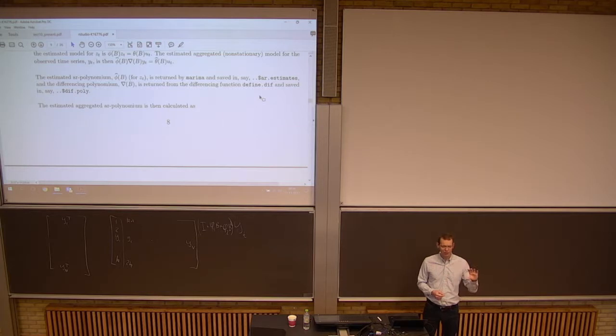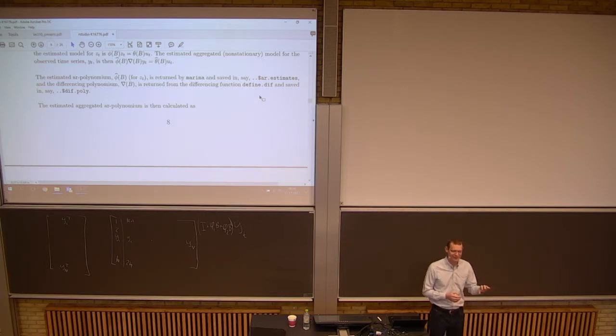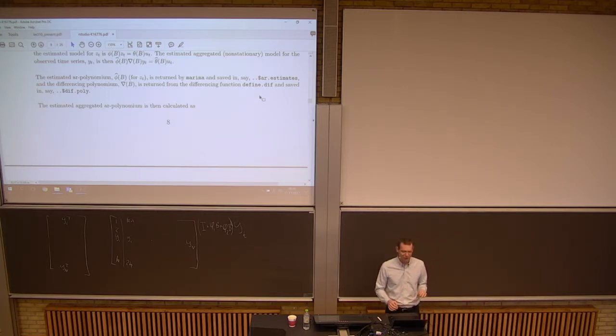First you do the differencing, then you use the differenced data as input to your model. So when you estimate the model, you don't estimate a Marima model, you estimate an ARMA model without the I. You do the differencing yourself. So you can say that the naming is maybe a little bit different.